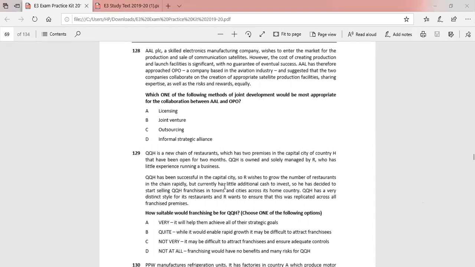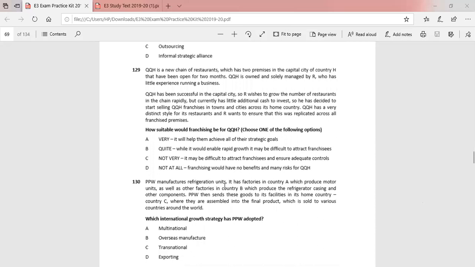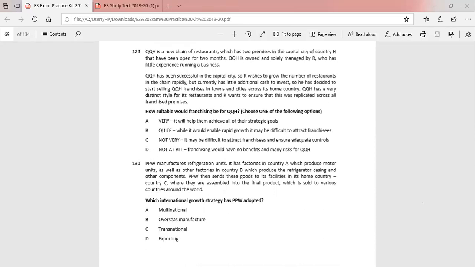Okay. So 129: QQH is a new chain of restaurants which has two premises in the capital city of country H that have been open for 2 months. QQH is owned and solely managed by R, who has little experience running a business. QQH has been successful in the capital city, so R wishes to grow the number of restaurants in the chain rapidly, but currently has little additional cash to invest.